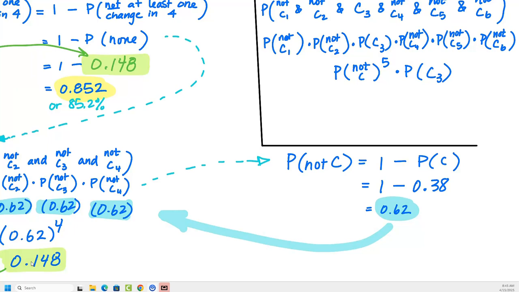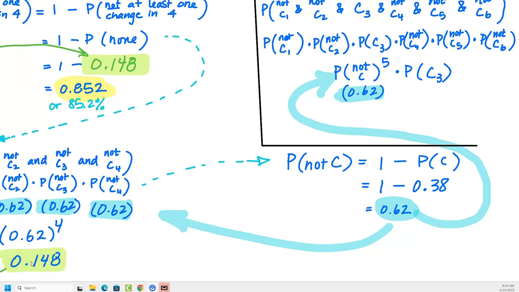Oh. That was the 0.62. And then we know from up above that the probability of C3 is the 0.38.